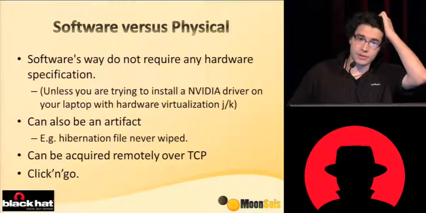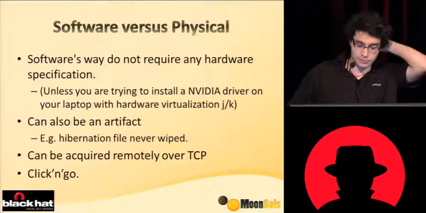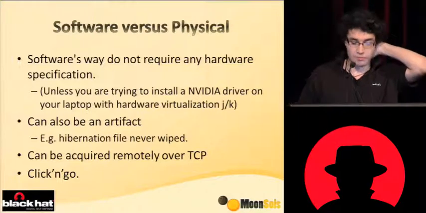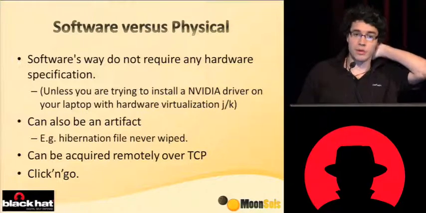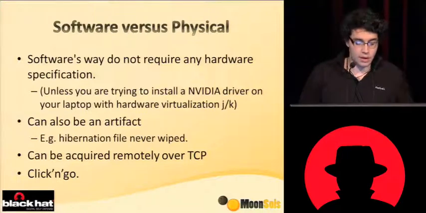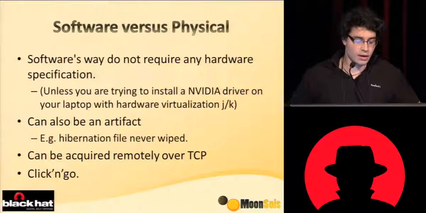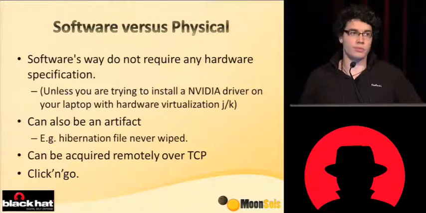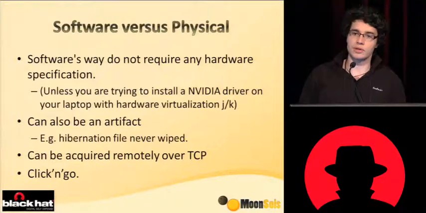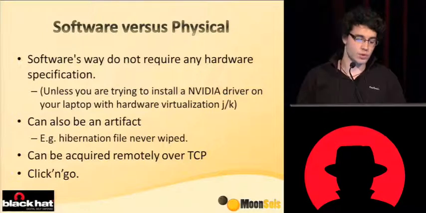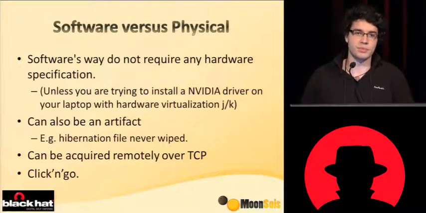With software acquisition, we can retrieve the memory snapshot, for instance, with the hibernation file. The hibernation file is generated by Windows and it's never wiped. So even when we resume the machine, we still have a copy of the hibernation file.